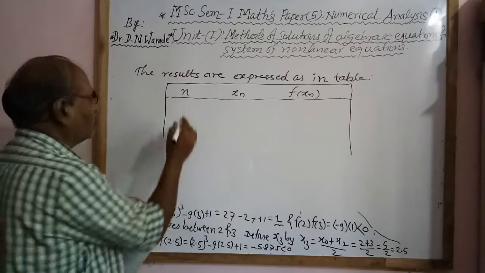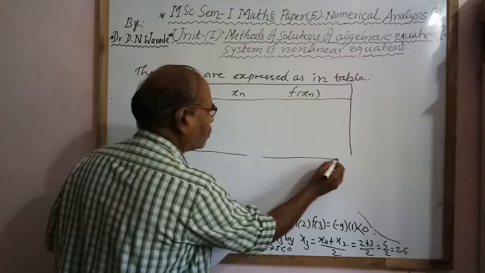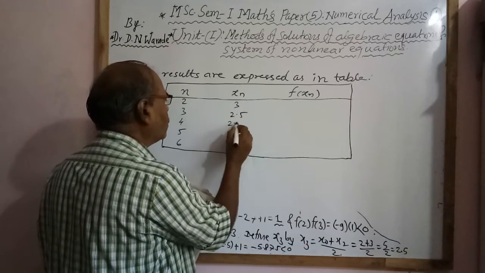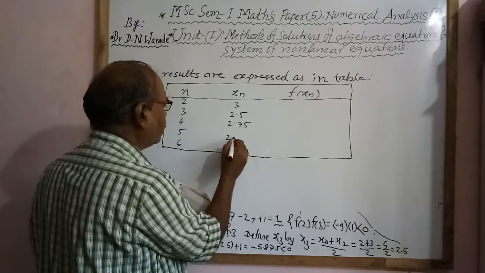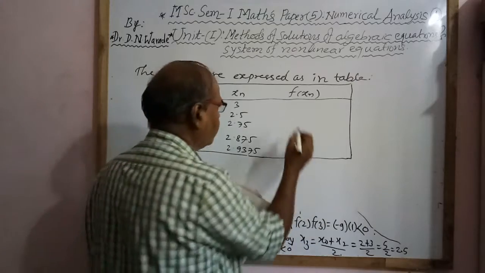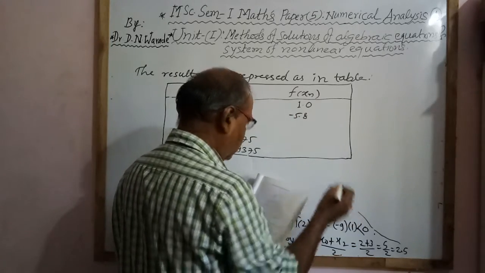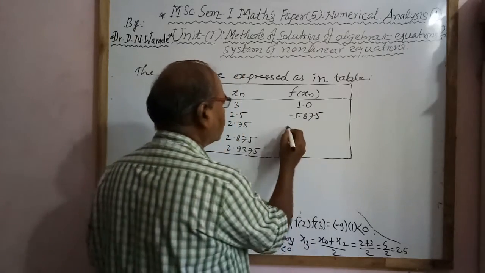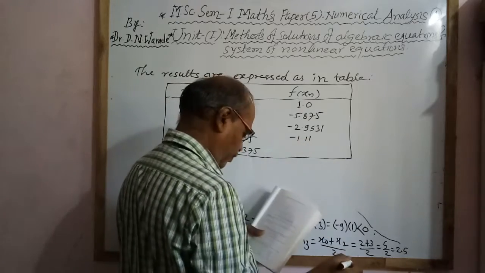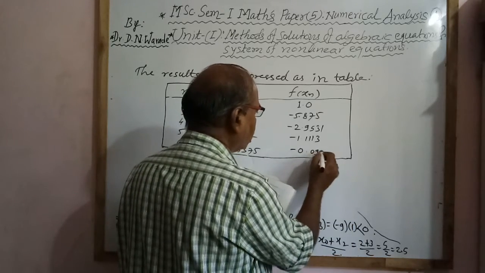For n equal to 2, 3, 4, 5 and 6, xn equal to 3, 2.5, 2.75, 2.875, 2.9375, and f of xn are 1.0, minus 5.875, minus 2.9531, minus 1.1113, minus 0.0901.